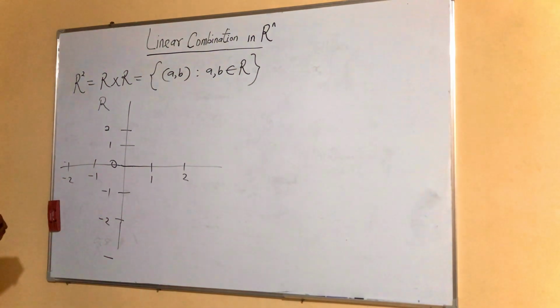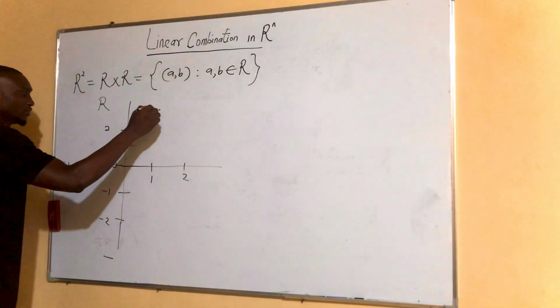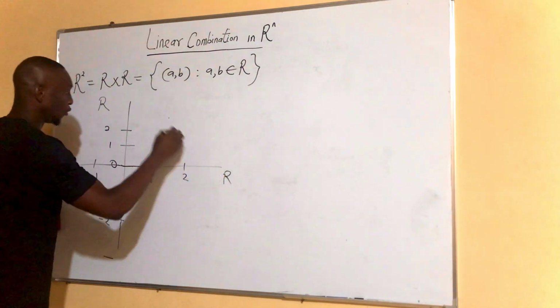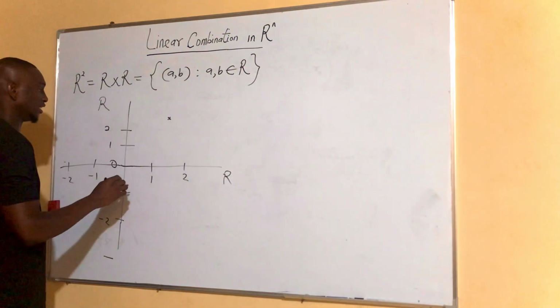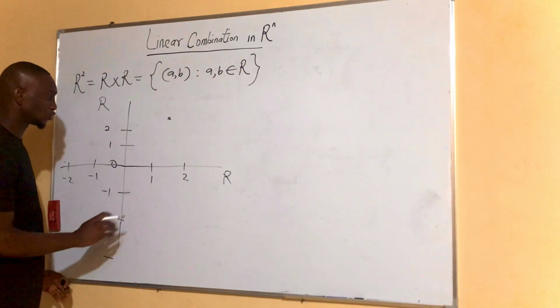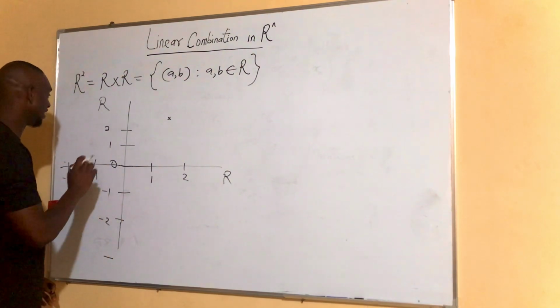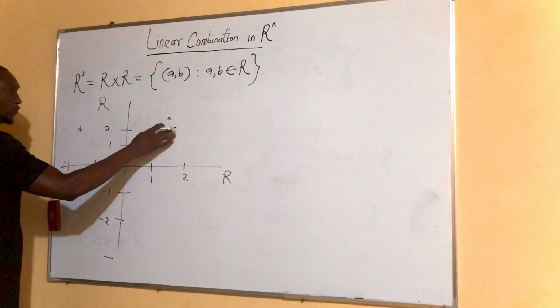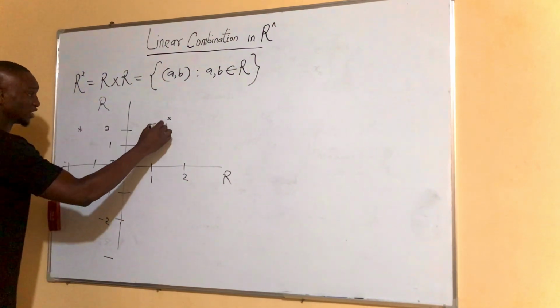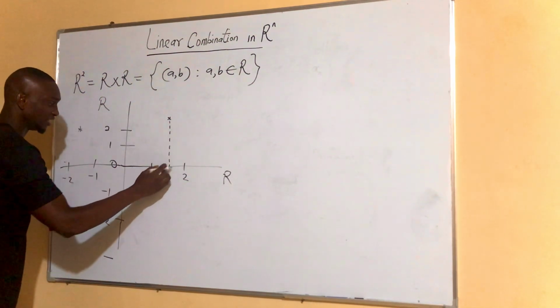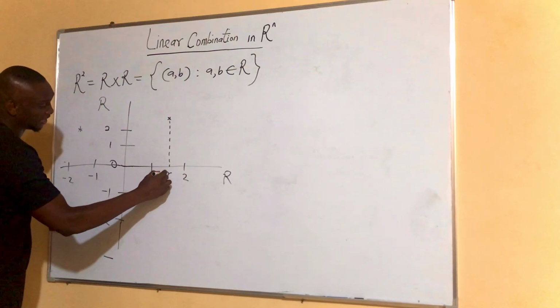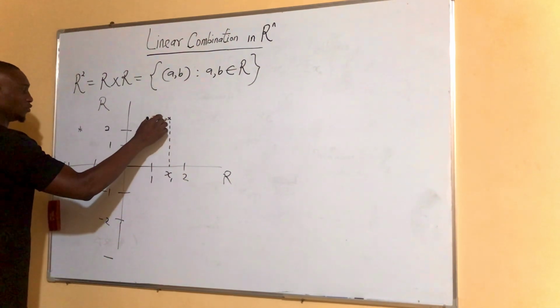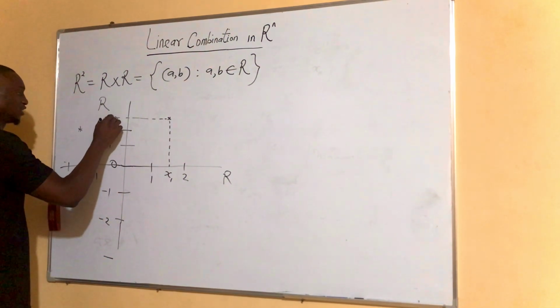Now you see that for any point here, there exist 2 particular points. For any different points, this point is different and this point is different. We can trace this point via this particular line, and let's call here x1, we trace it, let's call here x2.